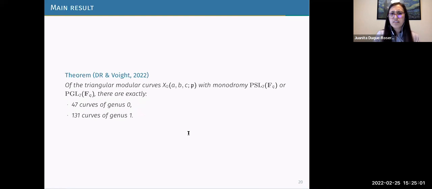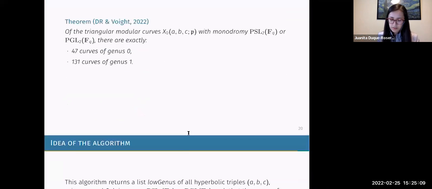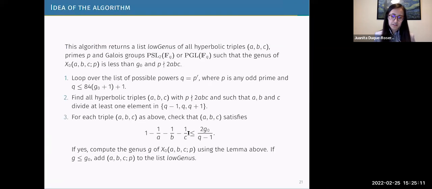So in the last 5 minutes that I have, I just want to give you an idea of how the algorithm runs. Just a quick glance at the algorithm. So what you want is all modular curves X naught of A, B, C that have genus g naught, and Galois group PSL or PGL of a finite field.